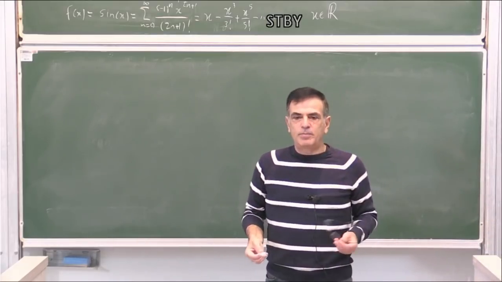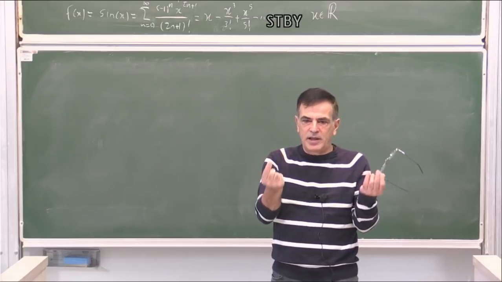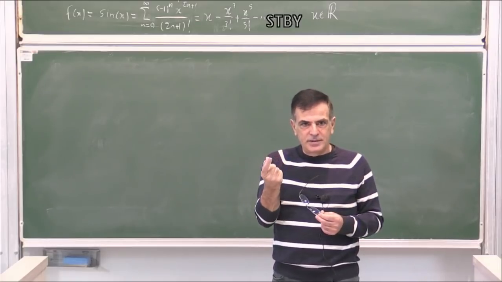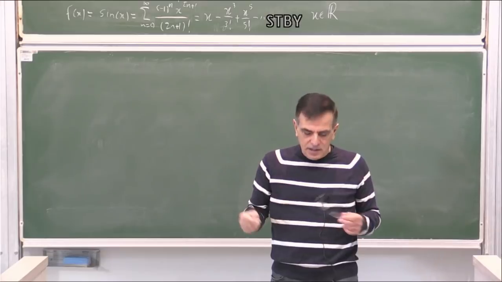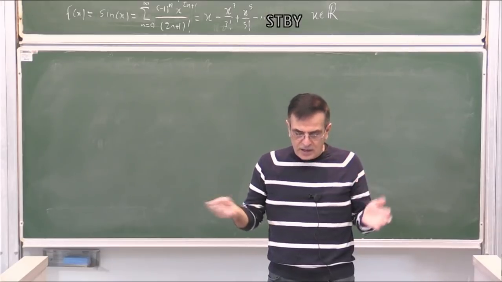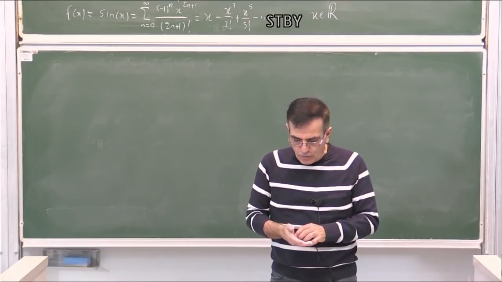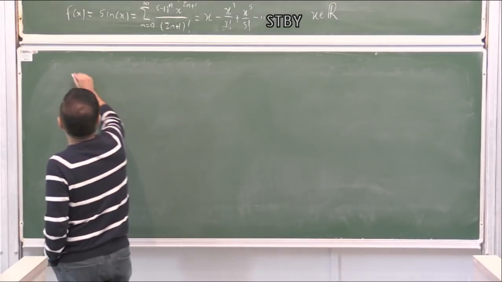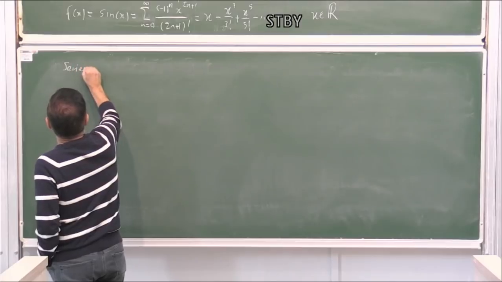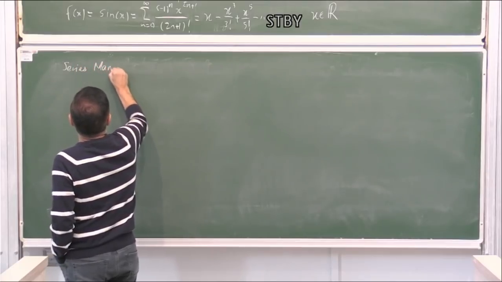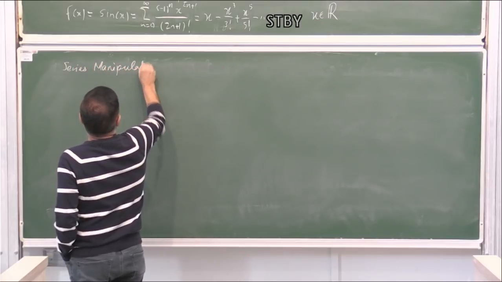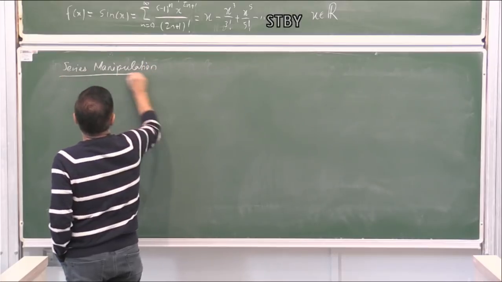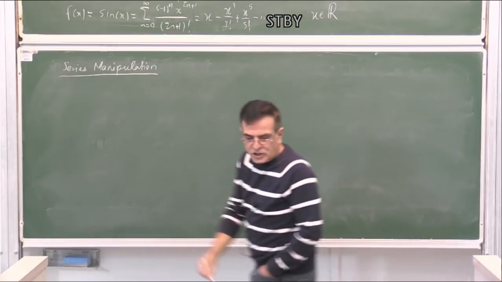You can multiply a power series by some number, a constant, or you can take the product of two convergent power series. So here are some series manipulations which are possible.